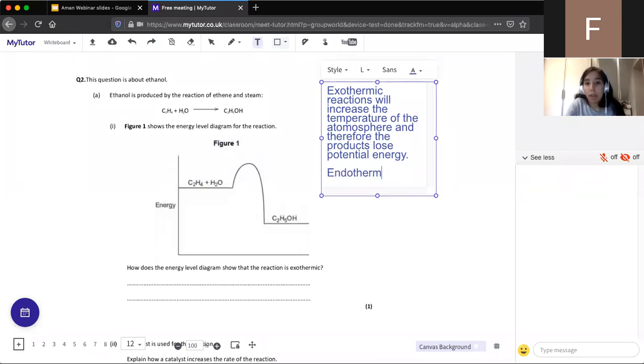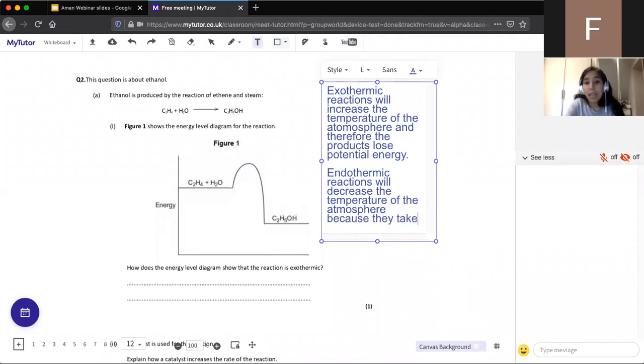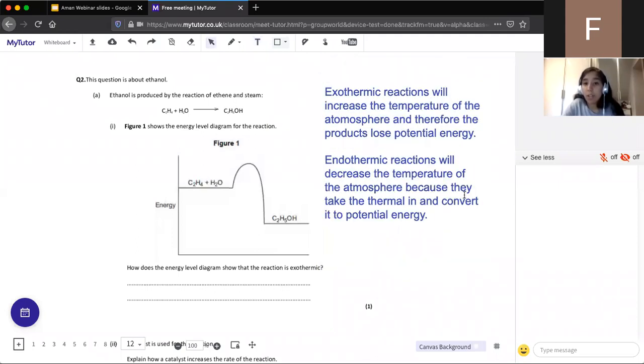Whereas endothermic reactions will decrease the temperature of the atmosphere because they take the thermal energy in and convert it to potential energy. So the products don't have thermal energy, they have potential energy. The temperature of the atmosphere decreases because they're taking in that energy from the atmosphere, and it's being converted to potential energy in the products.